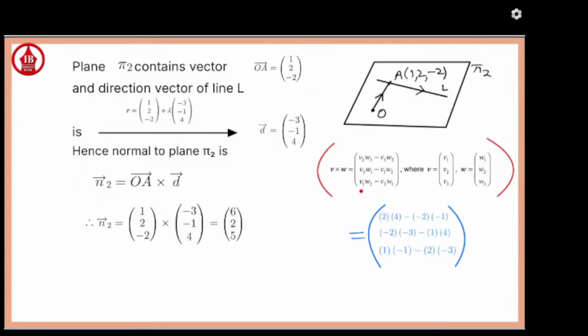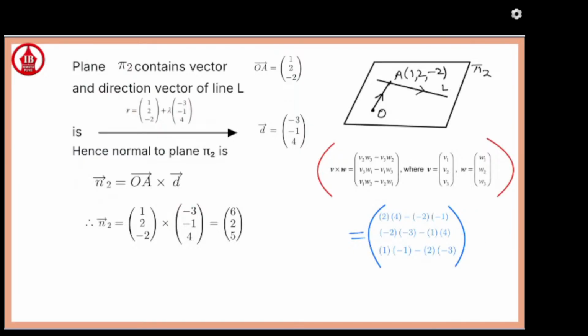The third component is v1 w2 minus v2 w1: 1 into minus 1, minus 2 into minus 3. After simplifying these three components, I get (6, -2, 5). I hope you understood this.